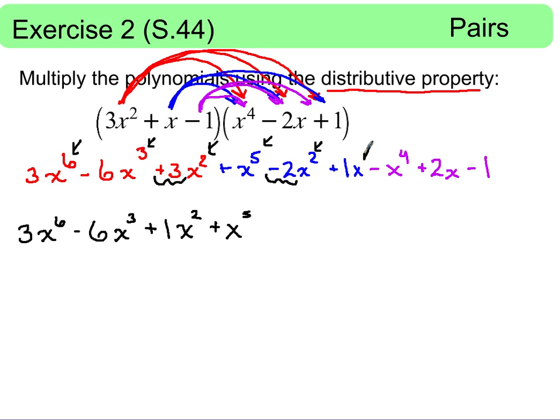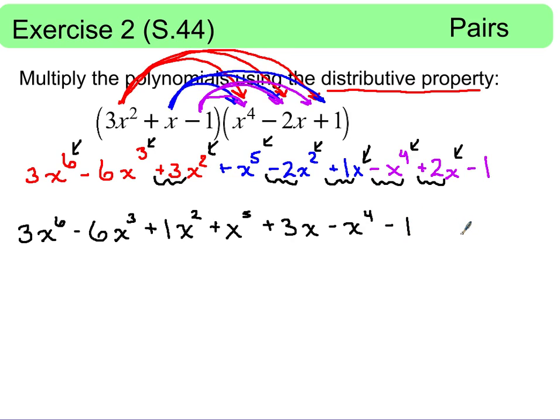And then here is an x to the first. Here is another x to the first. So a positive 1 plus a 2 gives me a positive 3x. Here is a minus x to the fourth, and then minus a 1.